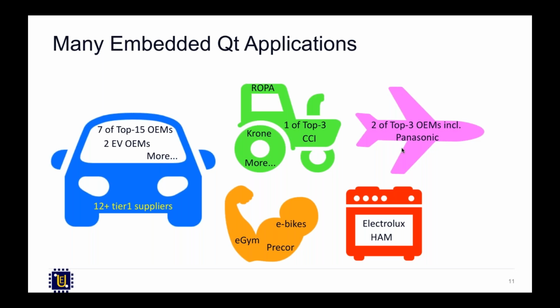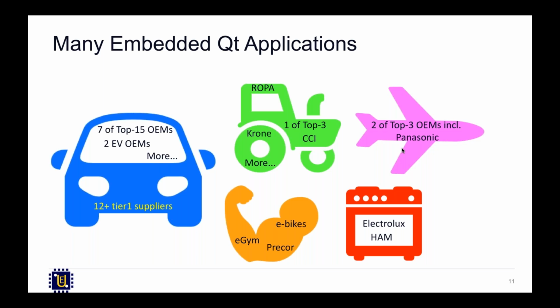Then Qt is used in fitness equipment, and it's used for home appliances. So Electrolux uses Qt in its home appliances, so far in its premium appliances, but it will be moving it down.